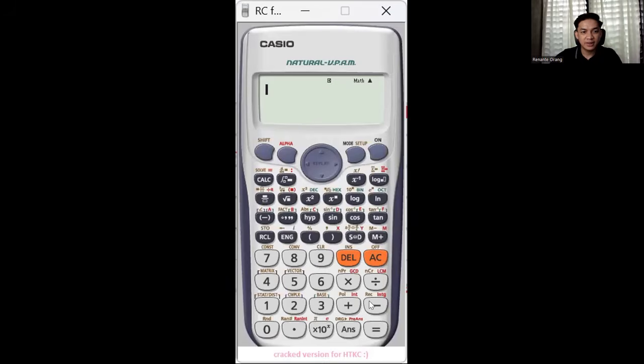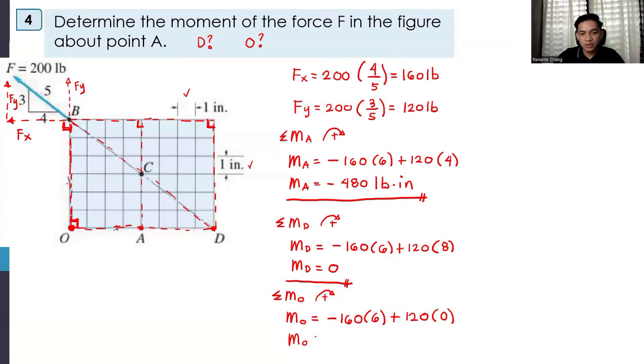So, calculator natin, that is negative 160 multiplied by 6 plus 120 multiplied by 0. That is equivalent to negative 960 pound-inch. So, moment at point O is equivalent to negative 960 pound-inch.